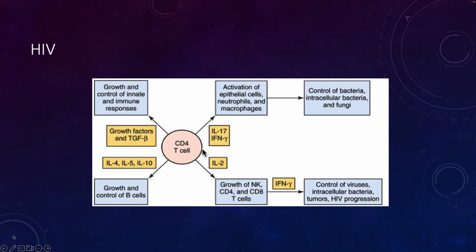This CD4 positive T cell is responsible for producing all of these cytokines, for the growth and control of B cells, the growth of natural killer cells, other CD4 positive T cells, and CD8 positive T cells, activation of epithelial cells, neutrophils, and macrophages, growth and control of innate and immune responses. So basically you're taking everything out. You wipe out the immune system.